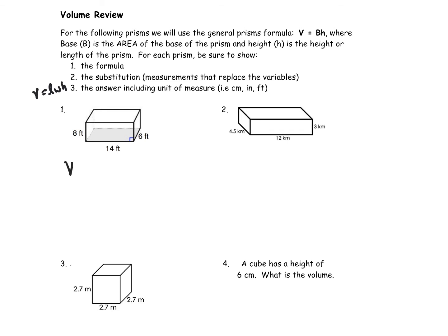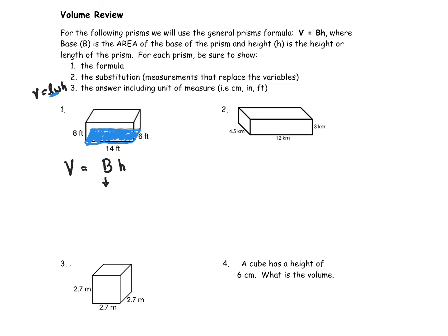So if we start with this general formula, BH, what we're trying to find is the area of the base, and so in this case it's a rectangle. So here's the area of the base, and because it looks more like a parallelogram than it does a rectangle, you can see you being confused, but we're working with a rectangle, so that's actually the length times the width, just like we had here.